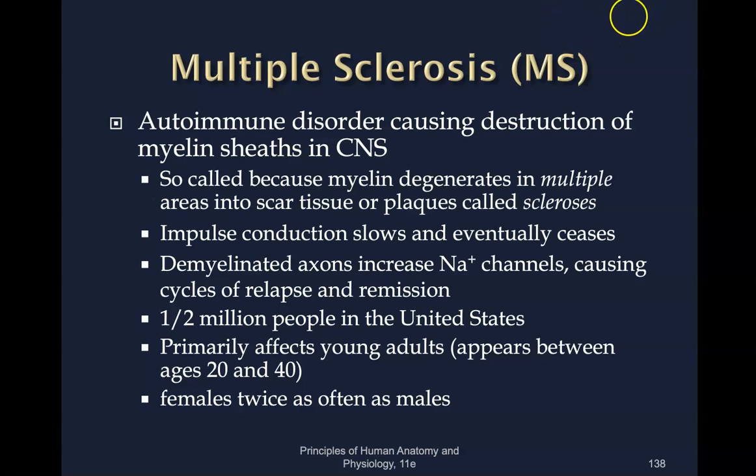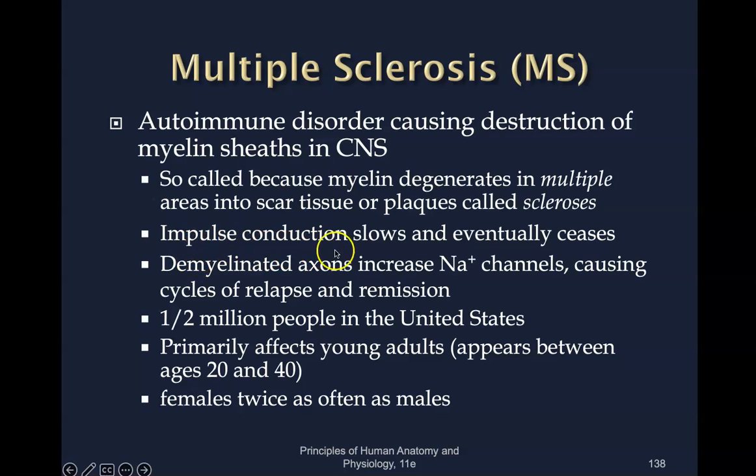So what ends up happening is, as that myelin degenerates, as the immune system attacks it in multiple areas, eventually those areas that were attacked will develop scar tissue or plaques, and we call those sclerosis. So, hence the name multiple sclerosis.